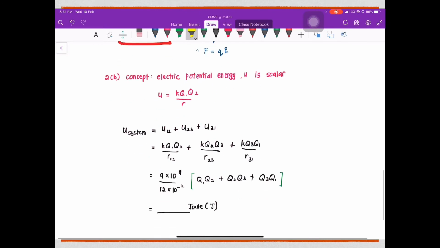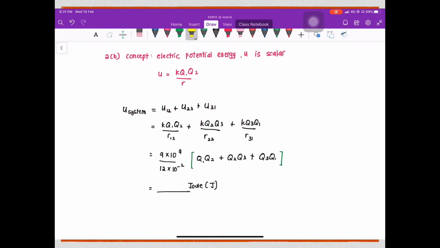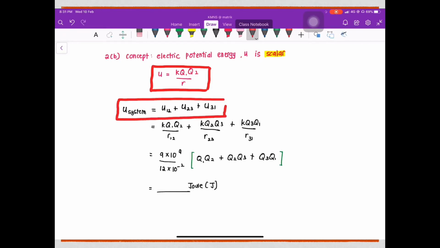Okay. So refer to the concept: electric potential energy is a scalar. So we will use U equals kQ1Q2 over r. Because we want to determine the energy for the system, this is the energy between charge 1 and charge 2, energy between charge 2 and 3, energy between 3 and 1.